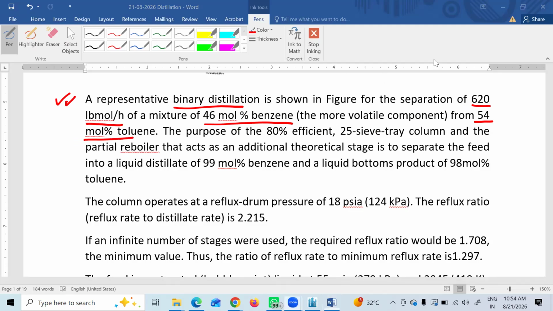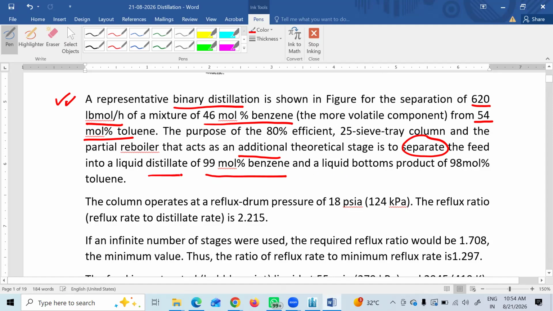The purpose of the 80% efficient 25-tray column and the partial reboiler that acts as an additional theoretical stage, which is very important, is to separate the feed. Now what do we require? Separate the feed into a liquid distillate of 99 mole percent benzene and liquid bottoms of 98 mole percent toluene.